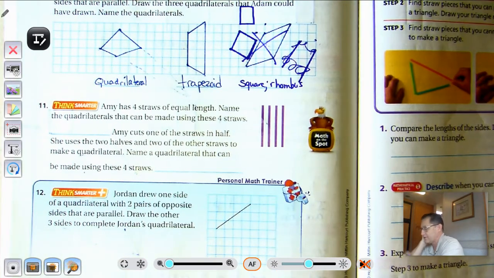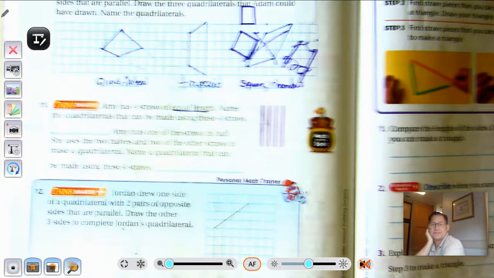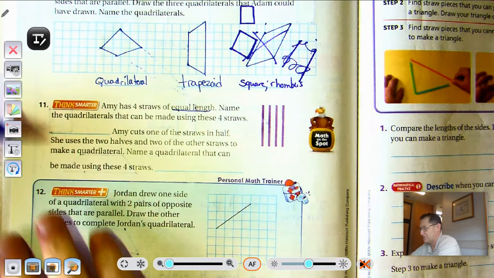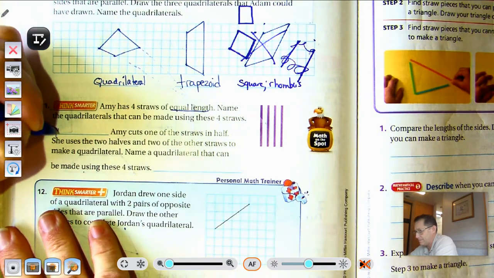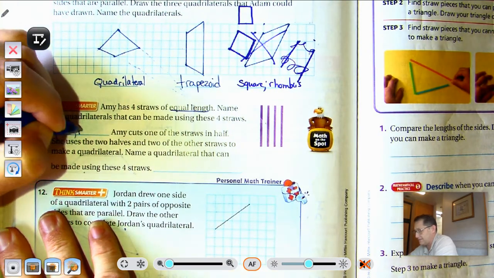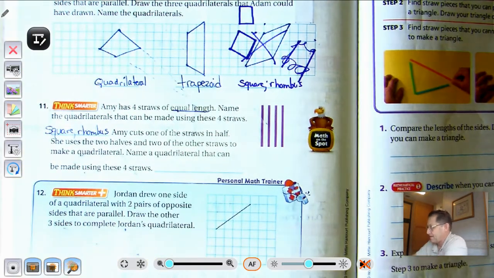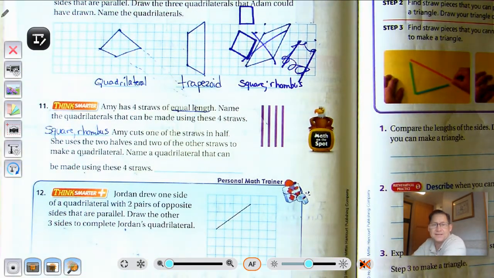Amy has 4 straws of equal length. So a shape that has 4 equal sides is a square or a rhombus. Okay, so that's what she could make. Then what happens if she cuts one of the straws in half?